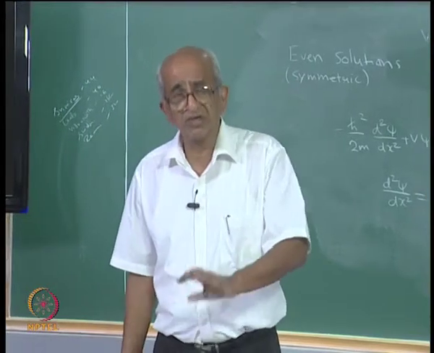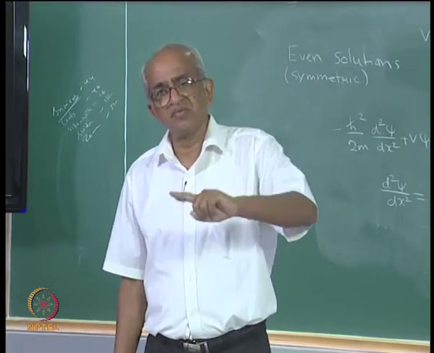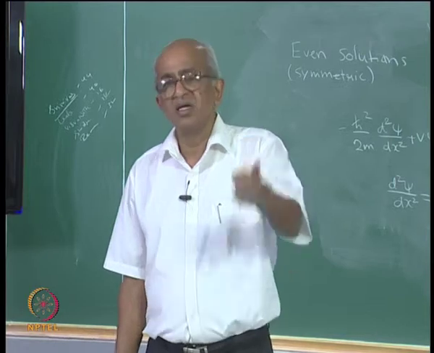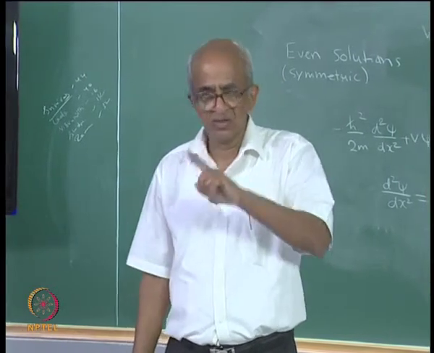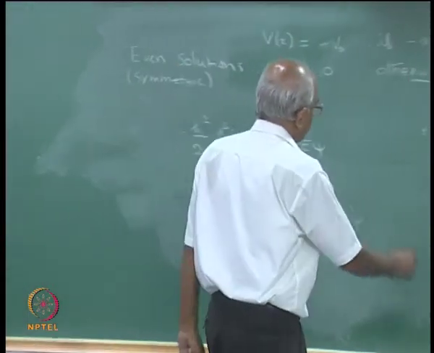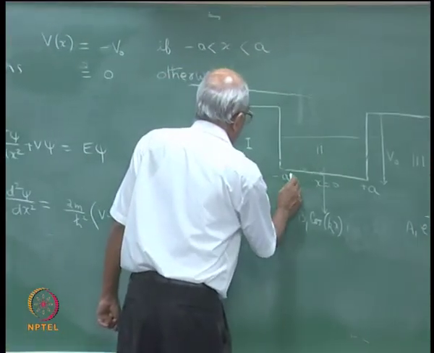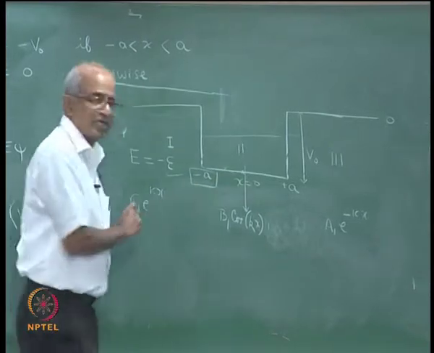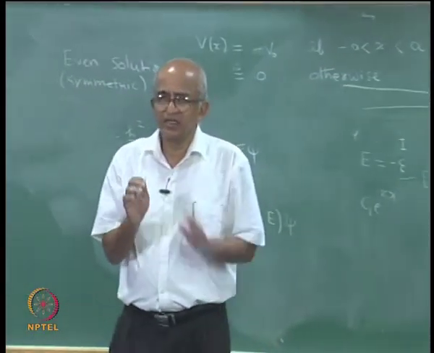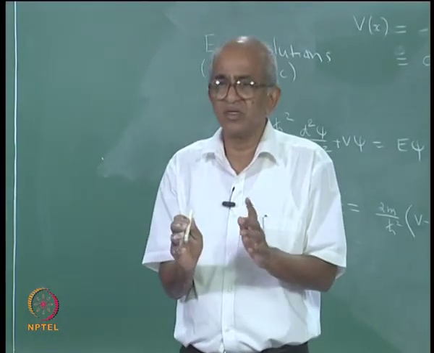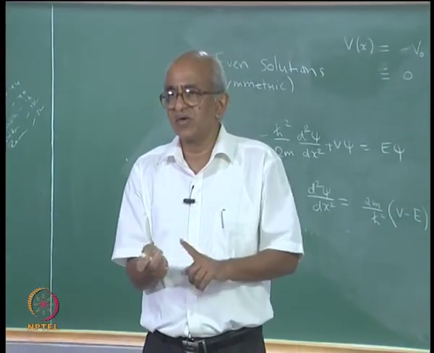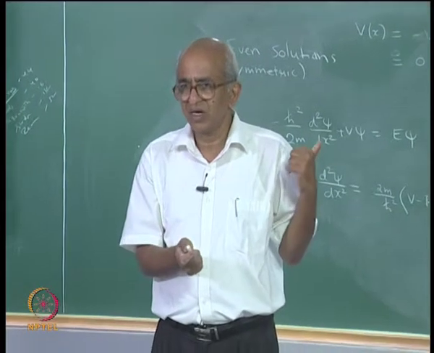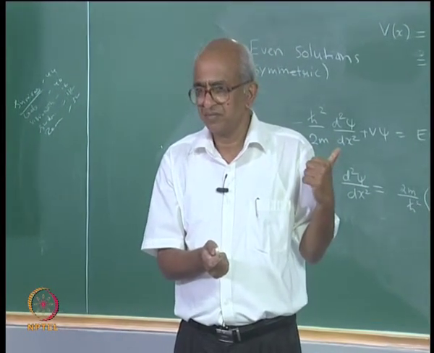Its second derivative will change discontinuously, but that means the first derivative will be continuous and the wave function itself will be continuous. So, at x is equal to minus a, you have a discontinuity in the potential, but that does not mean that the wave function is discontinuous. The derivative of the wave function as well as the wave function itself is continuous at this point.